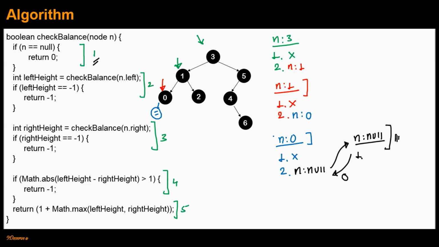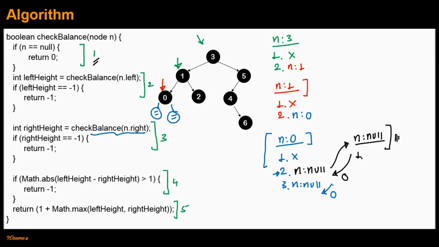Now we are back in the call sequence where the current node n is node 0. In the third step, we again make a recursive call to check if the right subtree is height balanced or not. Here, the right subtree for node 0 is a null tree. Same as step number 2, it will again return 0.